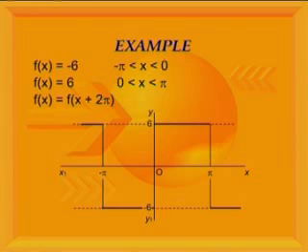आपके सामने ये जो एग्जाम्पल है इसका ये एनालिटिक डेफिनेशन भी दे रखी है और ग्राफ भी मौजूद है, which is f(x) is equal to -6 when x lies between -pi to 0, and f(x) is equal to +6 when x lies between 0 to pi, and f(x) is equal to f(x + 2 pi).